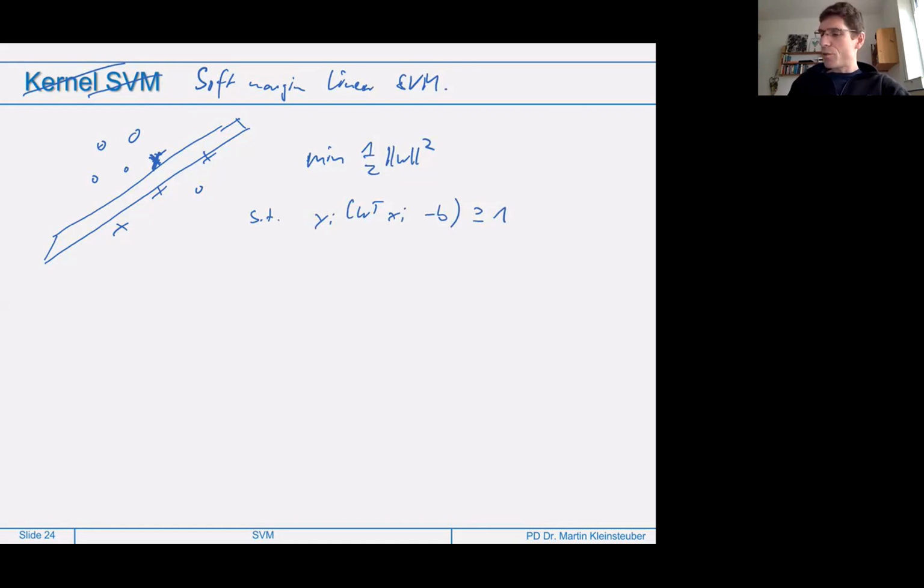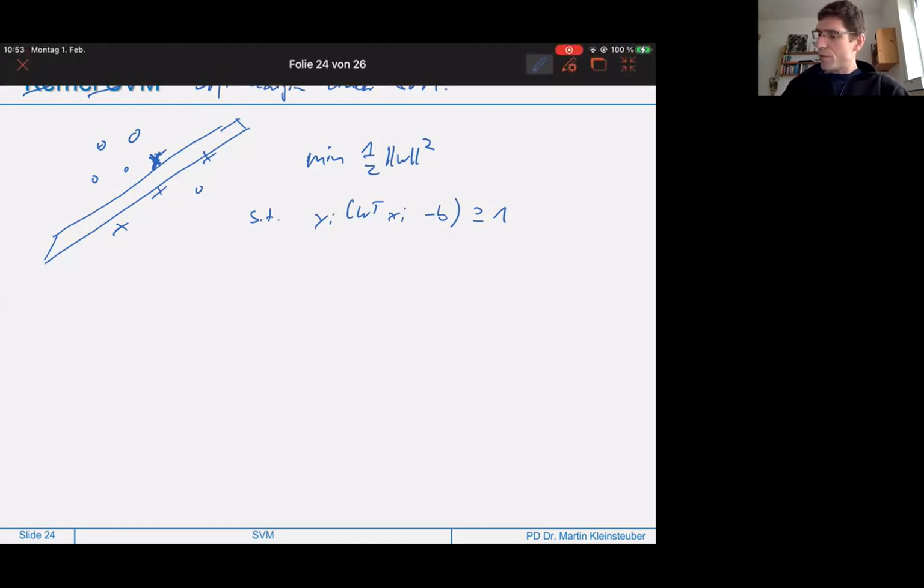Okay, so what we do is we introduce here, in the soft margin SVM, an additional variable. This here is minus xi, for i is 1 to n, and we say that the xi are all non-negative.